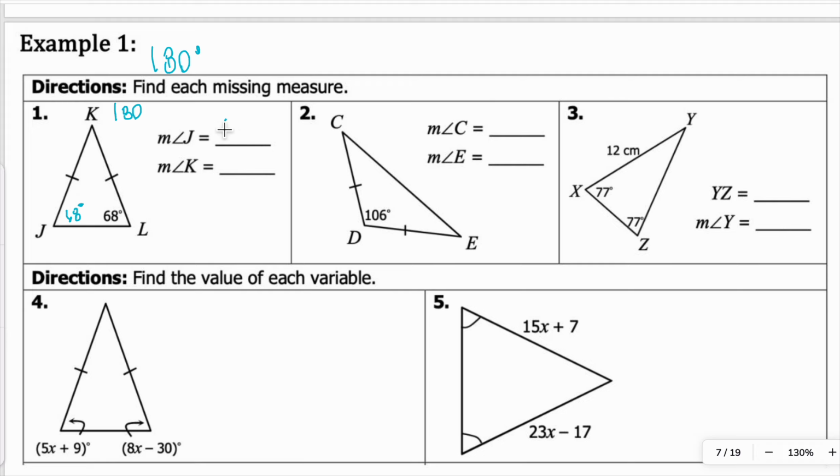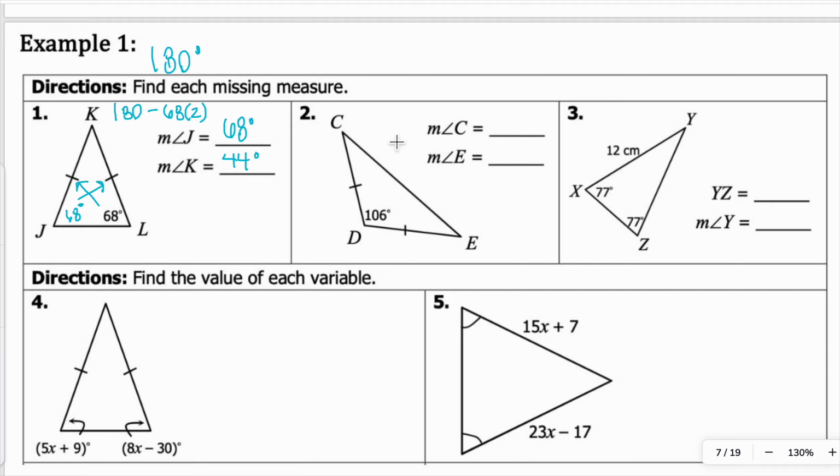So the measure of angle J would be 68 degrees because these are across from matching sides, so I'm going to have matching angles across from them as well. To find K, I would just be taking away 68 times 2 from 180, and the measure of angle K should be 44 degrees.